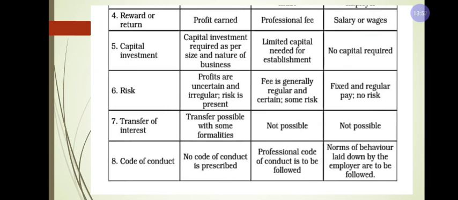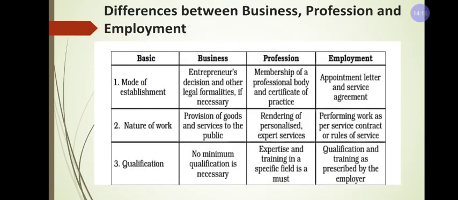Like this, they have a code of conduct. In employment, there is no particular code of conduct, but the employee has to follow the company's rules and regulations. Understood? These are the differences between business, profession, employment.